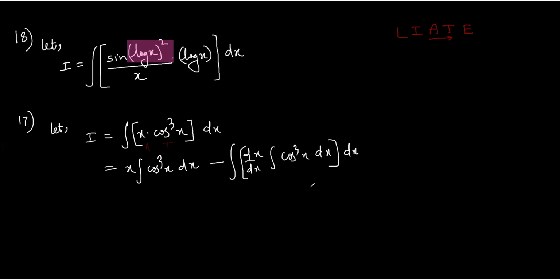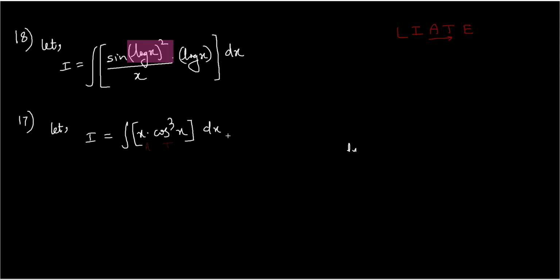So I have to integrate cos cube x, and I know cos cube x cannot be integrated that easily. So what I do here is I will first go for cos cube x. So see, what do I write? For cos cube x, I write the formula for cos 3x.